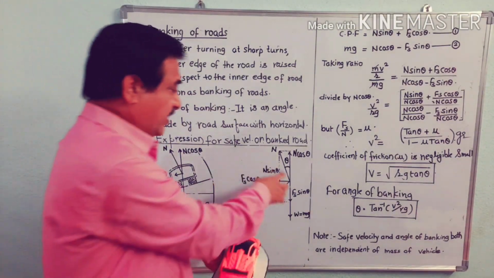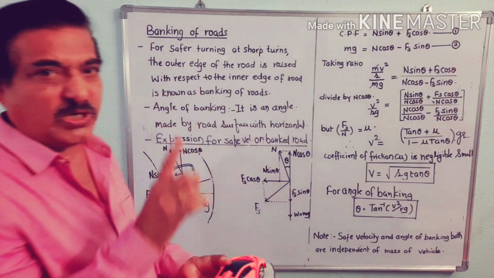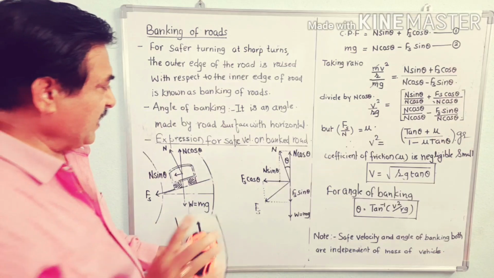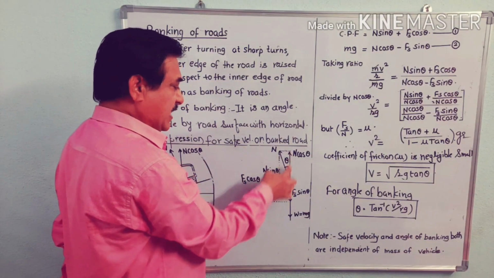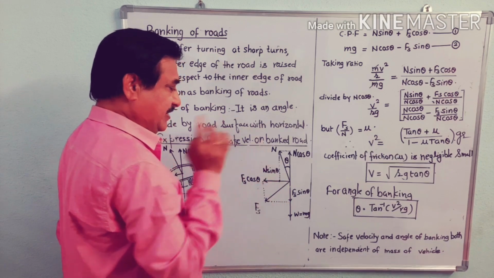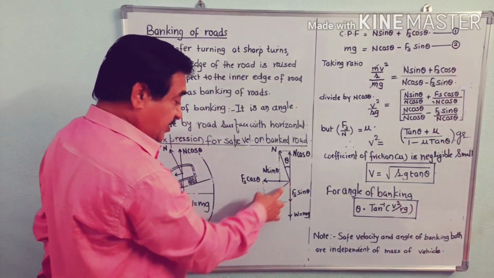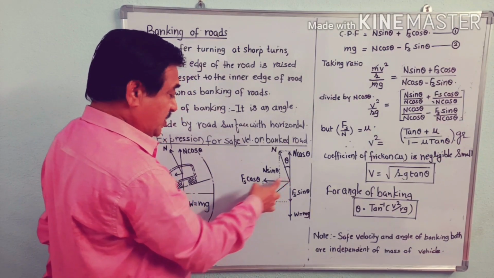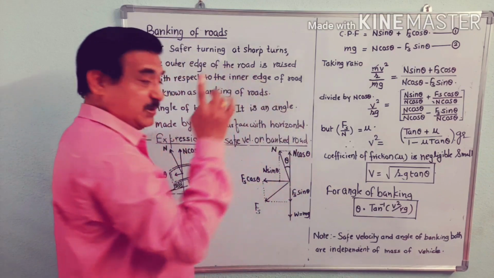So in this figure, the normal reaction and frictional force are resolved into two components. The normal reaction N is resolved into N cos theta and N sin theta. At the same time, the frictional force is also resolved into two components, Fs cos theta and Fs sin theta.